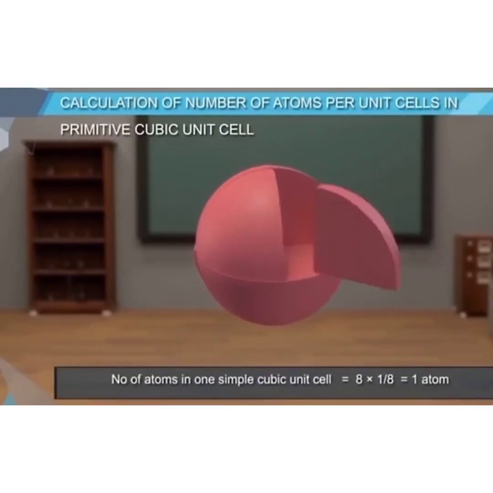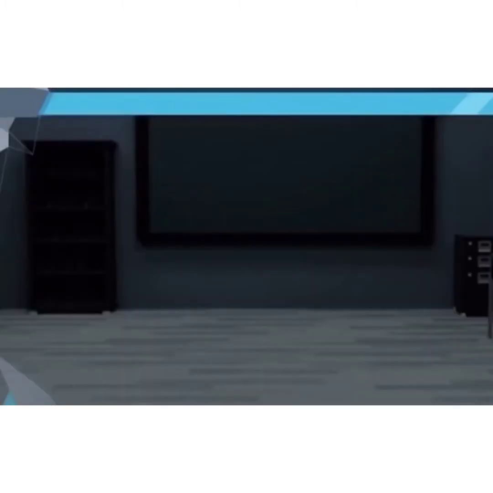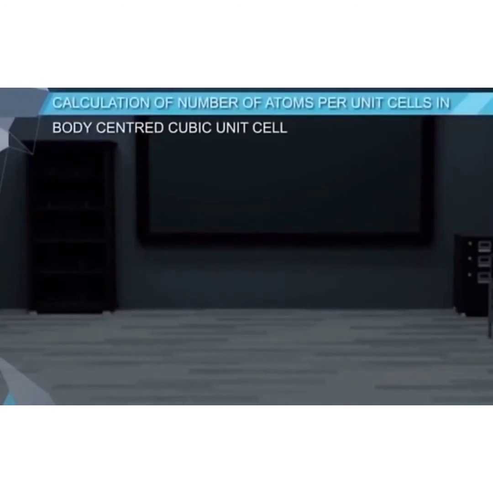Number of atoms in one simple cubic unit cell is equal to 8 corners into 1/8 is the contribution, that is equal to 1 atom. Hence, simple cubic unit cell contains 1 atom per unit cell.